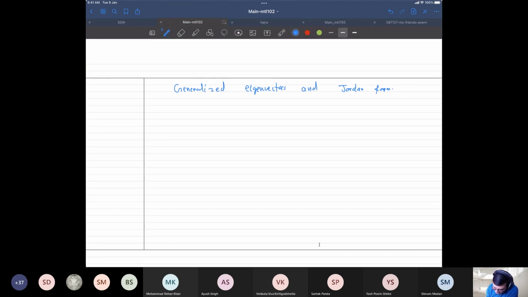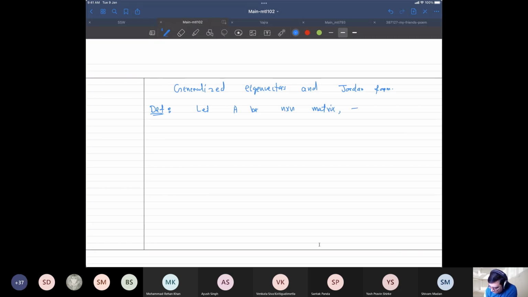Now let us define something. So now we are discussing completely linear algebra. So let A be an n cross n matrix.